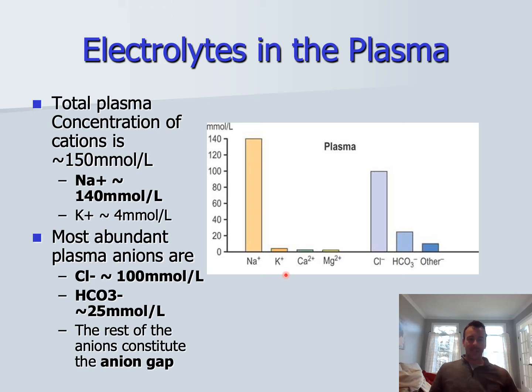The most abundant, so those are the cations you can see here. The most abundant anions are chloride and bicarbonate. So the rest of the anions constitute what's known as the anion gap.